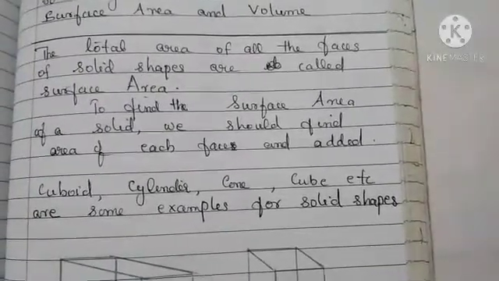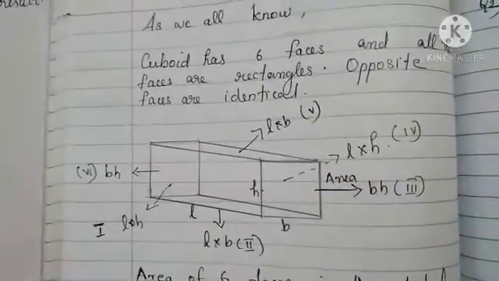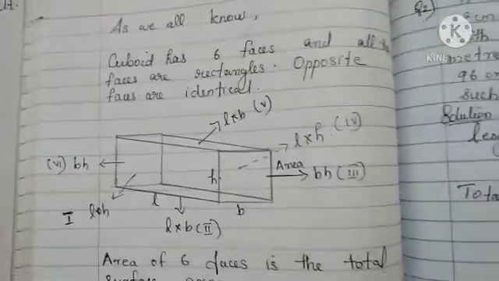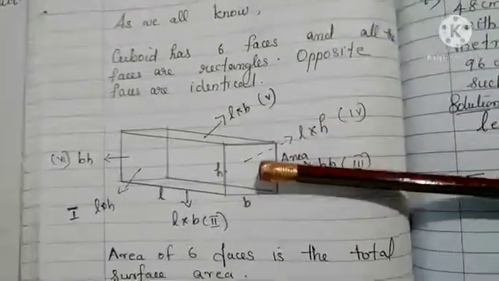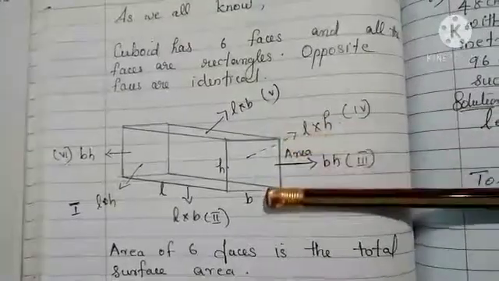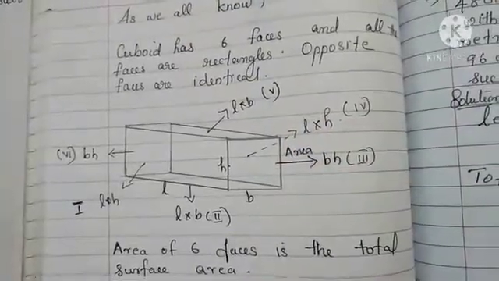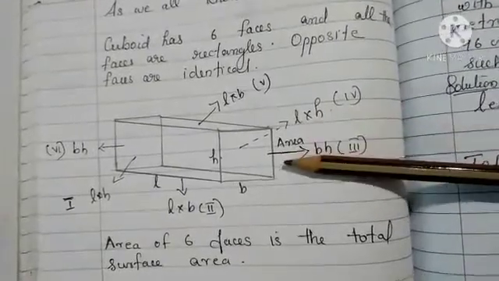We can check what is the surface area of a cuboid. A cuboid has 6 faces and all the faces are rectangles, sometimes may be squares. Opposite faces are identical.